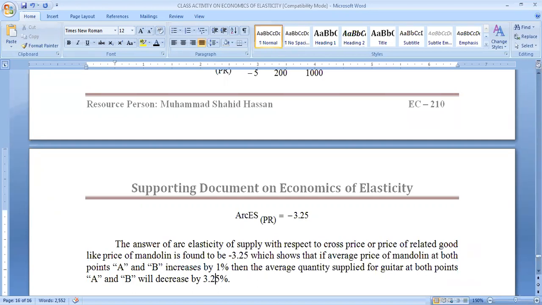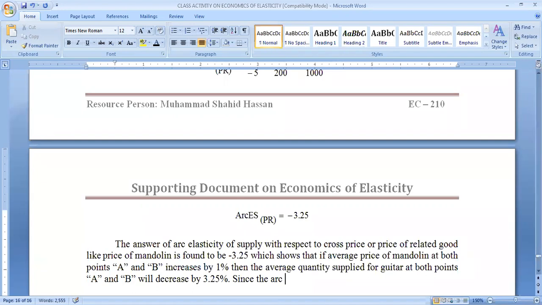Hence, the quantity supplied for Mandolin will further increase while the quantity supplied for guitar will fall. Resultantly, guitar and mandolin are said to be substitutes to one another. Therefore, when cross price elasticity of supply is found to be negative, then the two goods will be called substitute goods.